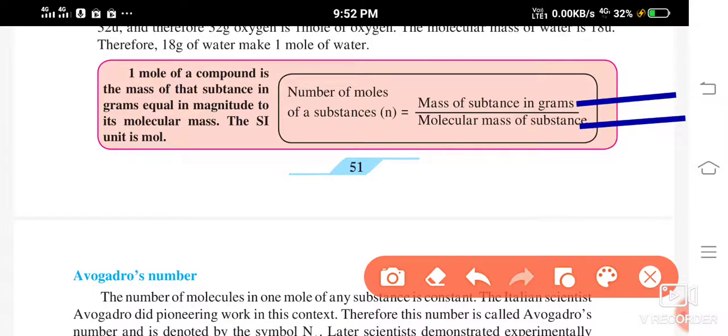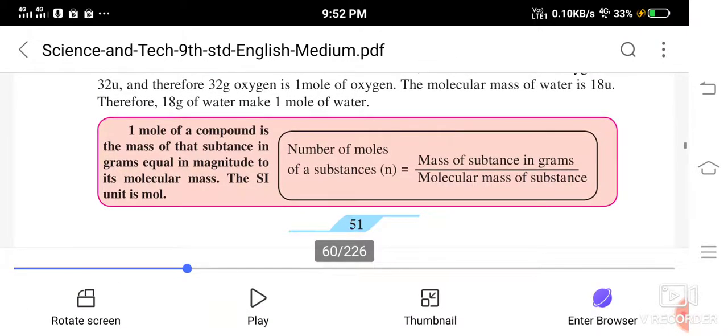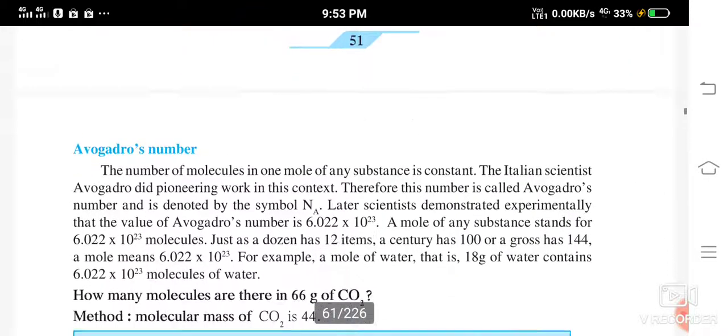Means, if you want to get the answer as 1 over here, this and this must be equal, right? For example, if you take oxygen, 32 by 32 is equal to 1, right?